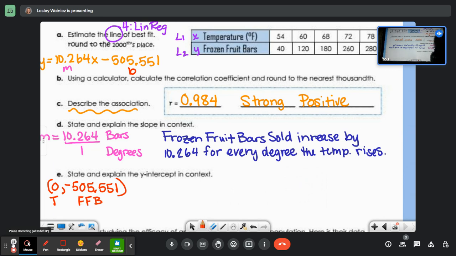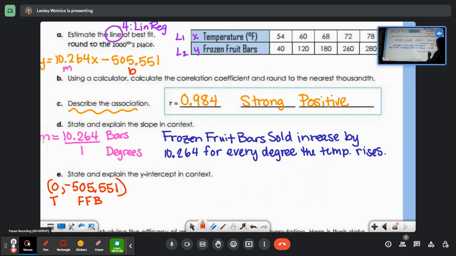Now this is a little bit ridiculous. Our model is predicting that when the temperature is 0 degrees Fahrenheit, we're going to sell negative 500 something fruit bars. That's ridiculous. We're not going to sell negative fruit bars. But we have to write it anyway.